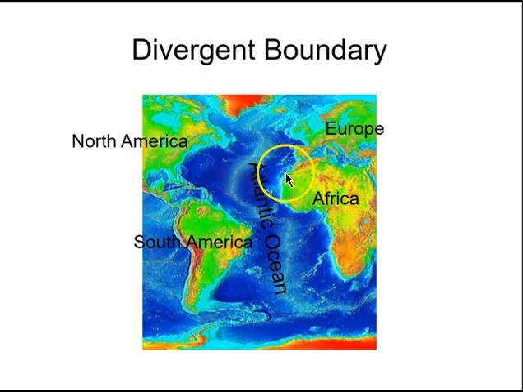So they are moving away from each other or separating, and that creates a divergent boundary, which is shown as this kind of underwater mountain chain, which we'll talk about in a few minutes.